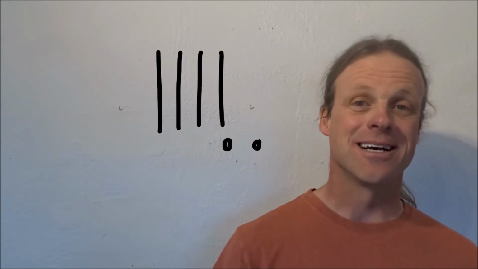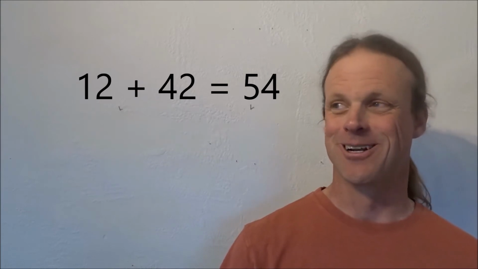So in the case of 54, I could put 1 ten and 2 ones, which would be 12, on one side, and then I could put the other 4 tens and 2 ones on the other side, and then I would have made a problem which is 12 plus 42.